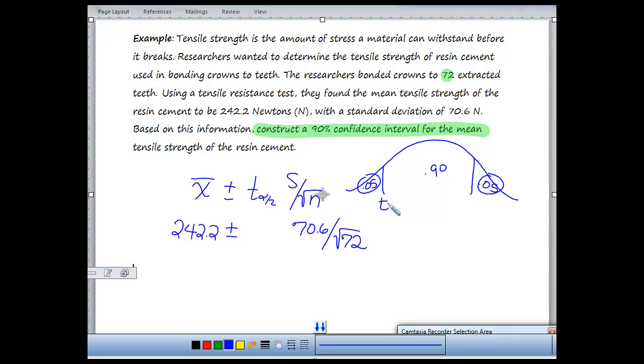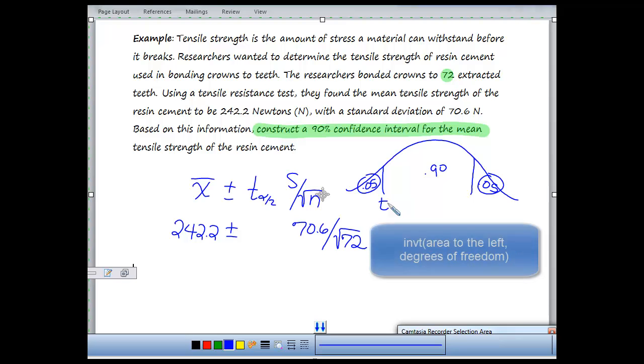To get this t-value on my calculator, I'm going to use inverse t. The syntax for inverse t is area to the left and degrees of freedom. When we're talking about the mean, the degrees of freedom is one less than the sample size. The sample size is 72, so we'll use 71 as our degrees of freedom.